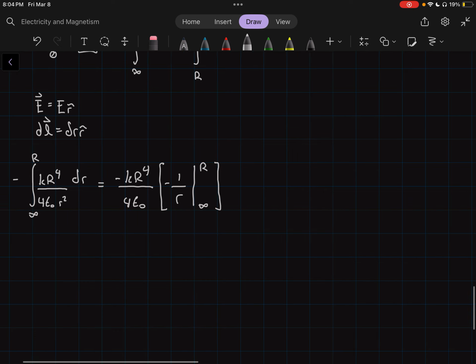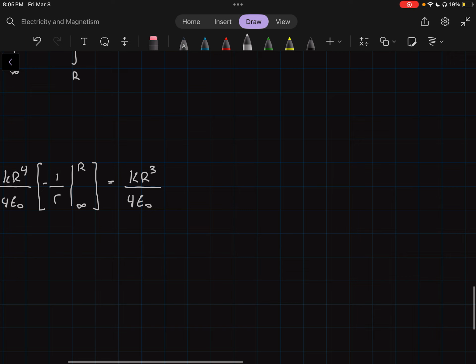So this will give you kR cubed over 4 epsilon naught. And I'll go ahead and rewrite this as 3 over 12, which is the same as 1/4, times kR cubed over epsilon naught.